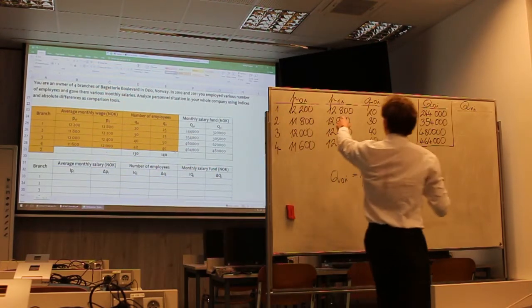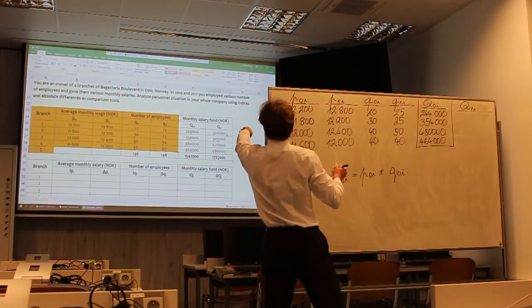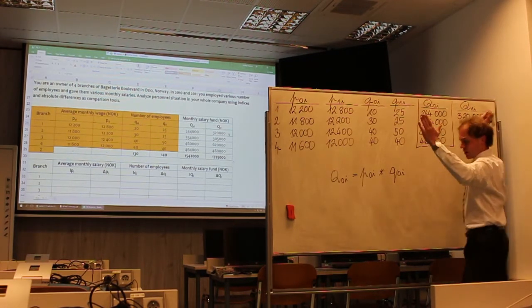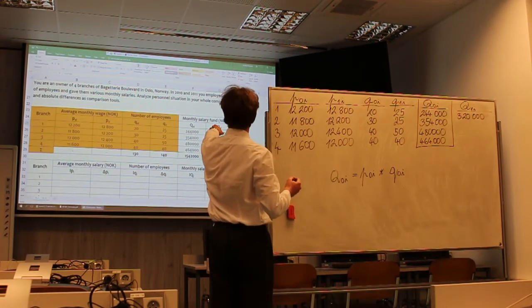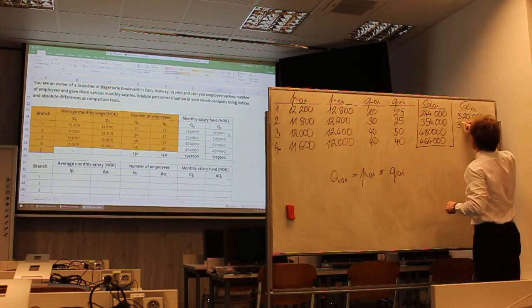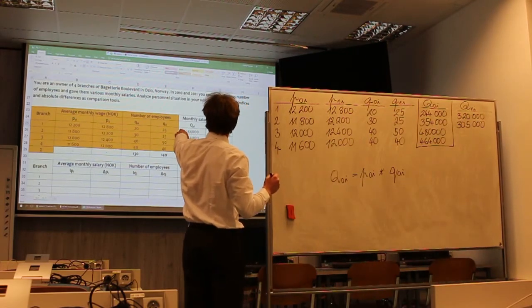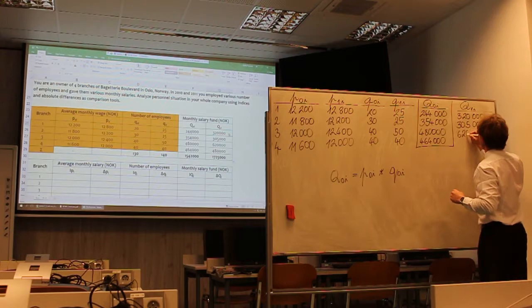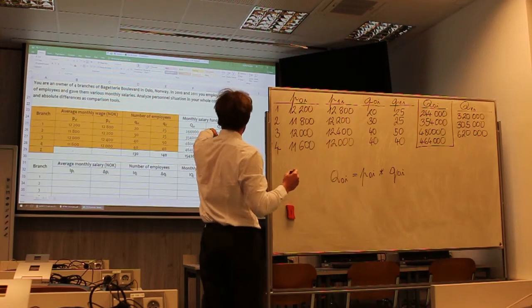So, 12,800 times 25 is 320,000 Norwegian crowns. 12,200 times 25 is 305,000. 12,400 times 50, 620,000. And finally, 12,000 times 40.